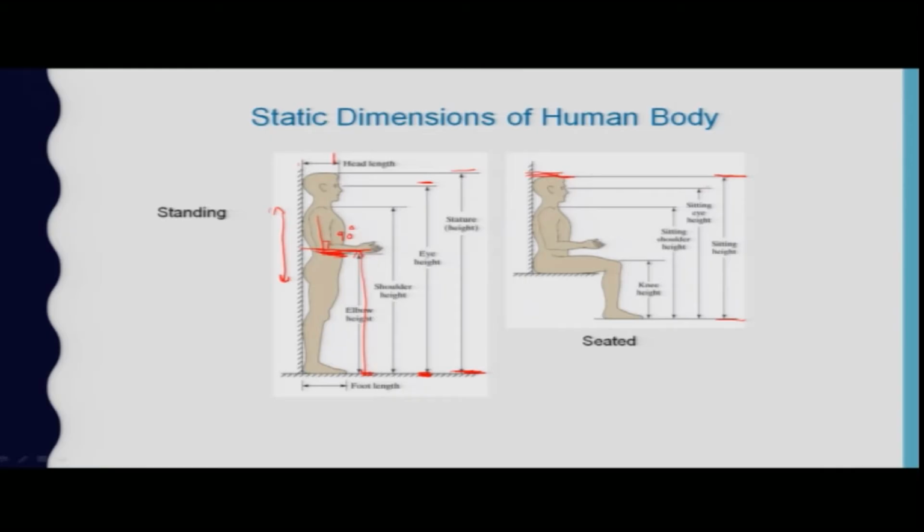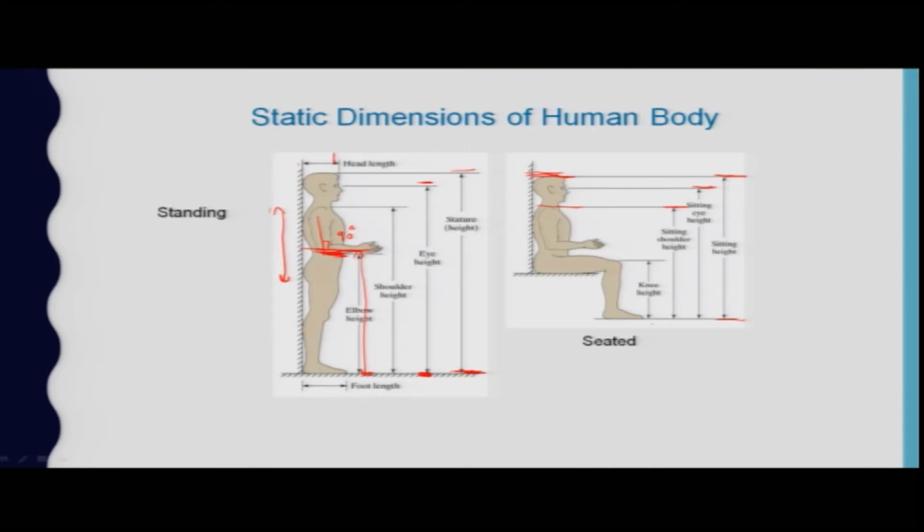In a similar way, sitting eye height is defined as the vertical distance between the horizontal sitting surface and the inner eye corner with the subject sitting as in the preceding. Sitting shoulder height is defined as the vertical distance between the horizontal sitting surface and the outer upper point of the shoulder blade.